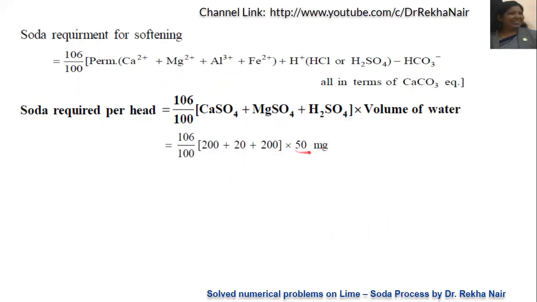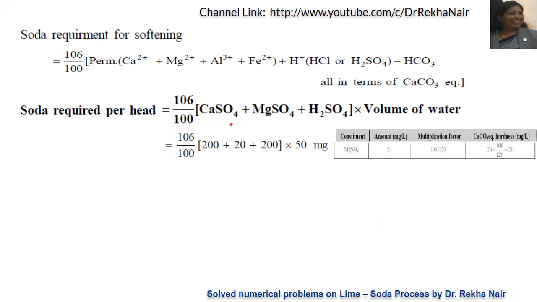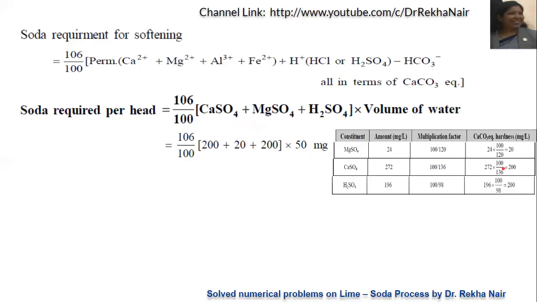So volume of water is 50 liter per head. Calcium sulfate is 200. This is the value of 200. And magnesium sulfate is 20. H2SO4 is again 200. And we can multiply it with volume of water as 50 liter.